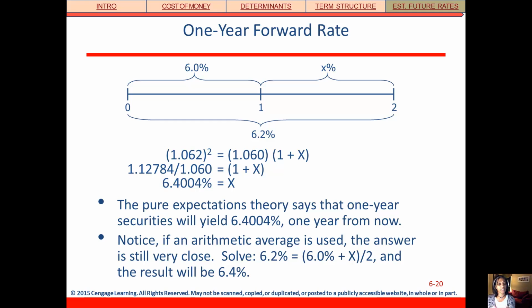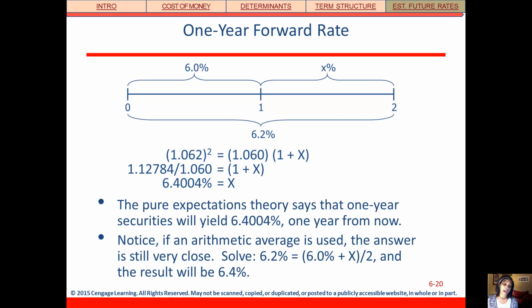If you look at this timeline, what we're calculating here is a 1-year rate 1 year from now, because we're calculating that X. From that list of yields on the previous slide, we know that the current 1-year rate is 6% and the 2-year rate is 6.2%. So I could invest for 2 years at 6.2%, or for 1 year at 6% and then make another 1-year investment, and I need to figure out at what rate.